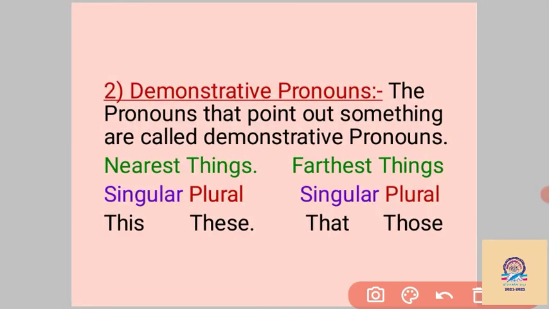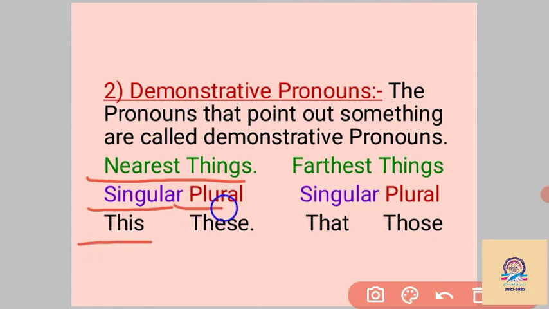Then we see the second kind, the demonstrative pronoun. See the first definition given here. The pronouns that point out something are called demonstrative pronouns. For that we have to use our finger to show the thing. For the nearest thing, if it is singular, we use this.